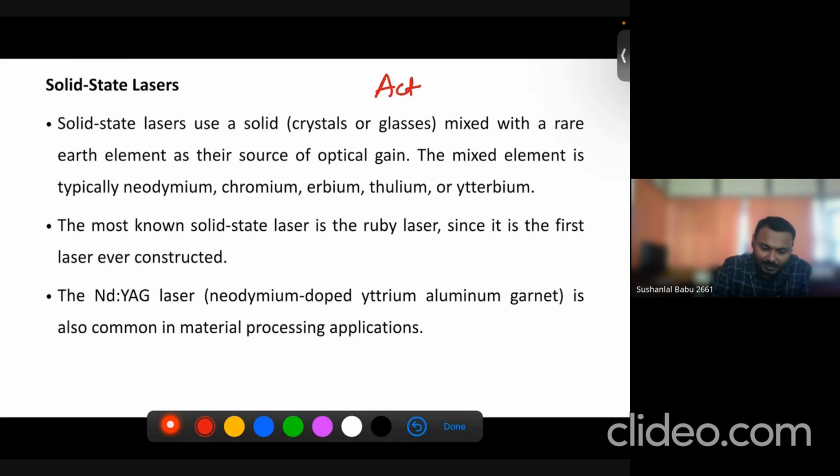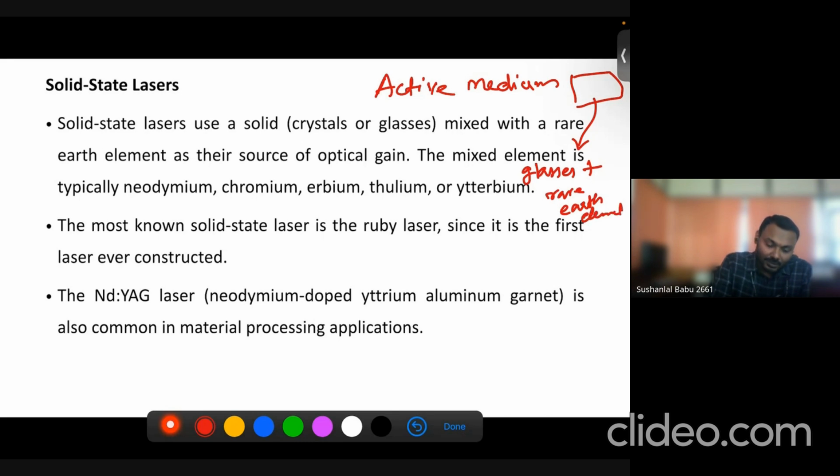So two things are there: the active medium, which is like a box. Here they are saying it is made up of crystal glasses mixed with rare earth elements. This rare earth element will be the active center, which creates the lasing action, and that active center is carried by the glass.